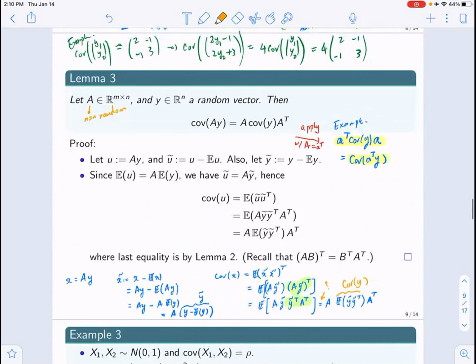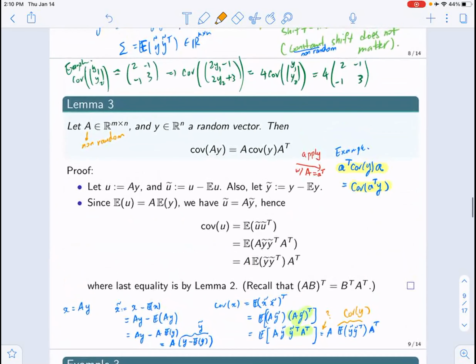So the idea is that this is an extension of the result that we had for the expectation. I have a random matrix Y, and I want to compute the covariance of A times Y, where A is a matrix. This is not as straightforward as the expectation, where you just pull A out, because this is something second order.